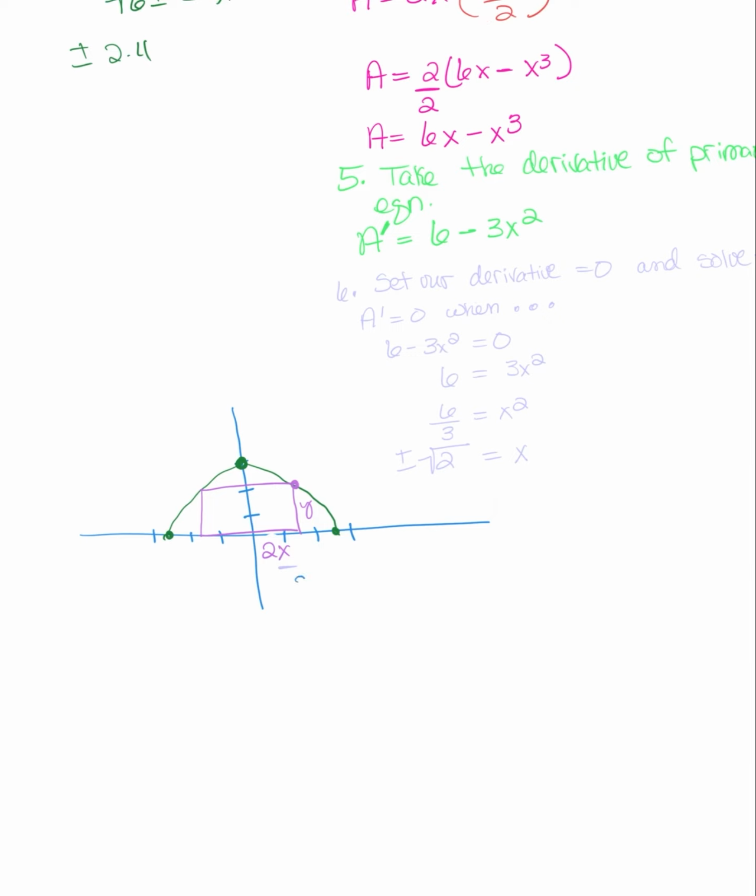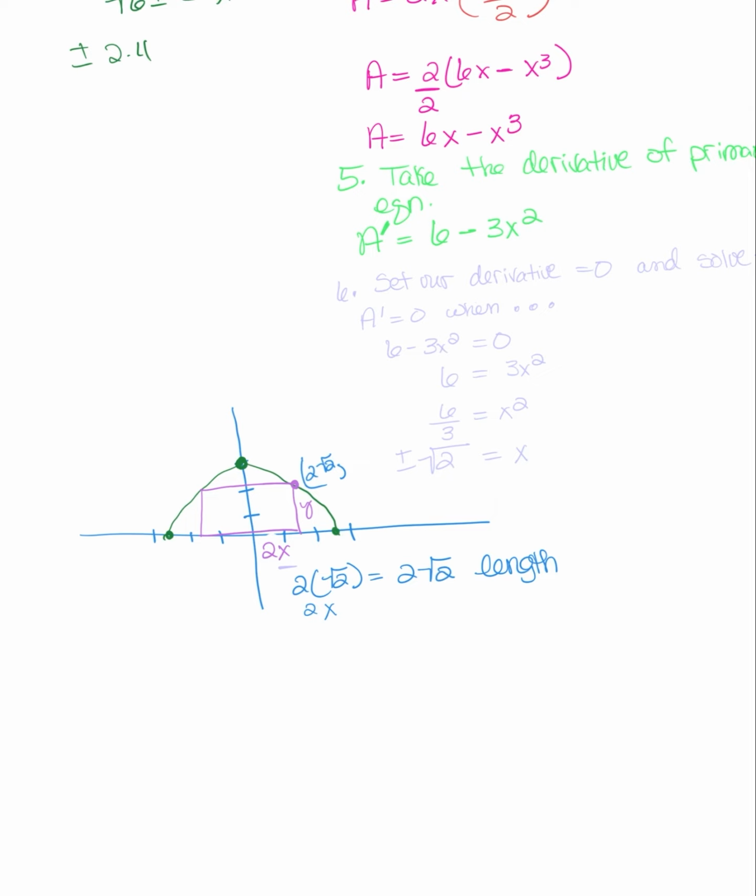So here, if we take 2 times the square root of 2, that's 2x, right? And that's our answer, 2 square root 2. So this is our maximized length, right? So remember we had that point up here? Well, our x is 2 root 2. Now we need to find y. So that'll be our next step.